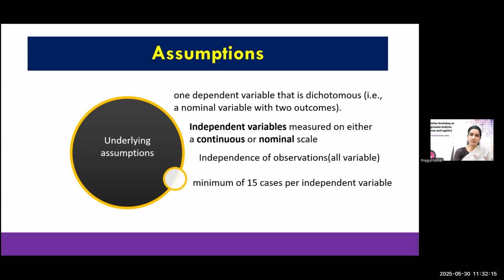Regarding sample size, generally we say a minimum of 15 cases should be there per independent variable, and this 15 refers to outcome events. In binary logistic regression there is a yes and a no, so the occurrence of the particular outcome, the yes, should be a minimum of 15 per variable.